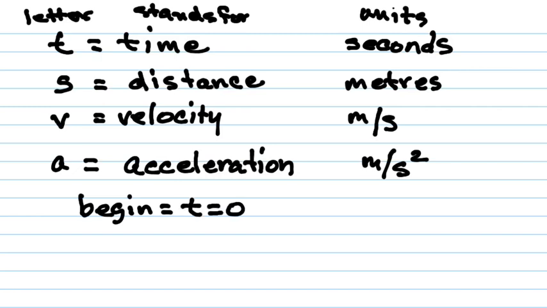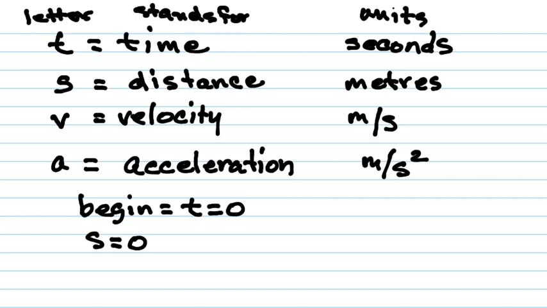And it's going to be important to know that because we're going to have to plug numbers in place of these letters to be able to solve the problems that we have. Now, if you're leaving to go somewhere, how far have you gone? Nowhere. So we're going to give that a number as well. We're going to say that at the beginning, s, the distance, is also equal to 0, right?